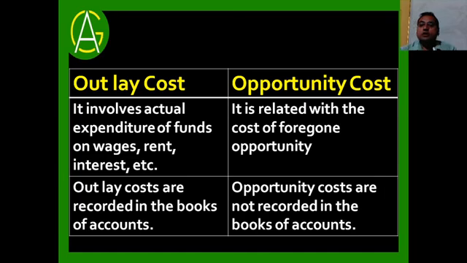You cannot record in the books of account that in order to select the job of 17 lakh rupees you have sacrificed the job of 15 lakh rupees. This is not going to be recorded. So opportunity cost is useful just for decision making, but outlay costs are all recorded in the books of accounts.